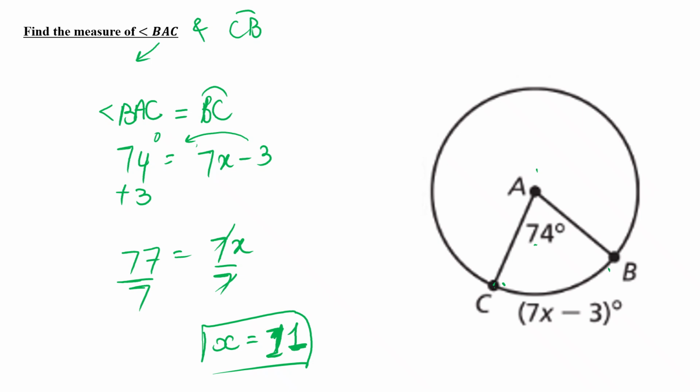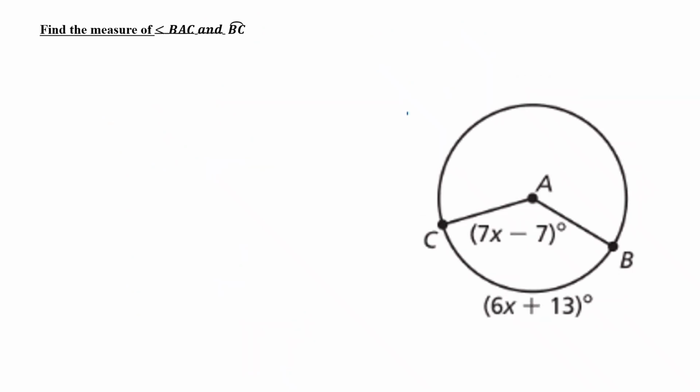Now find out arc BC, right? Arc BC, you put it 7x minus 3. Replace the x by 11. 11 times 7 and minus 3. Write it in the calculator, you will get 74. Which means that you proved that they both are equal to each other.